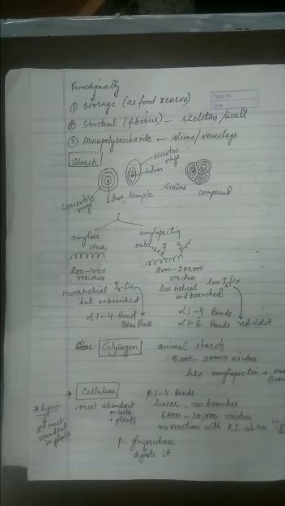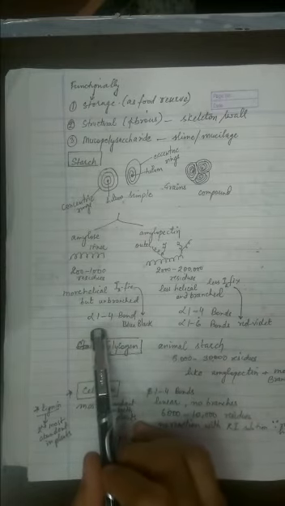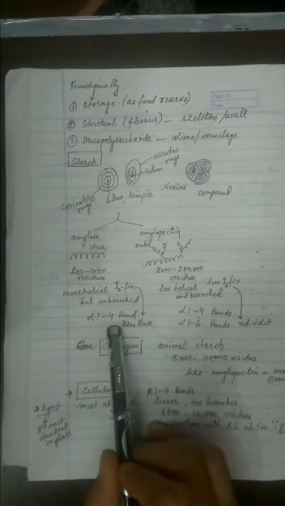Now whenever you talk about starch, starch is a polysaccharide, so obviously a bond is required. Which bond is there? Glycosidic bond. Remember the COC bond, I explained to you in the first classes. COC means that the first carbon of the ring will join with the fourth carbon of the next ring.